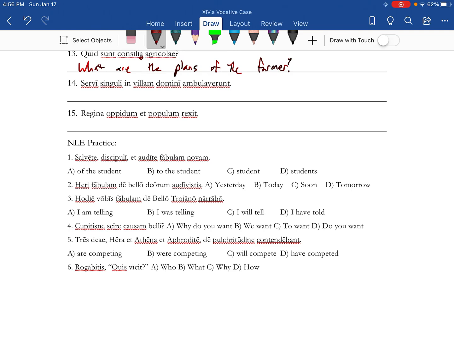The servants. On below, where walked into the master's villa, one at a time.